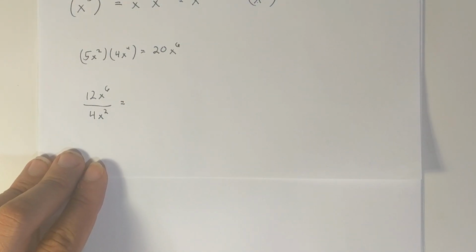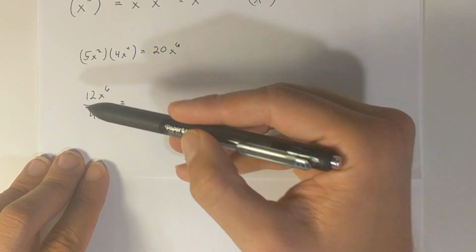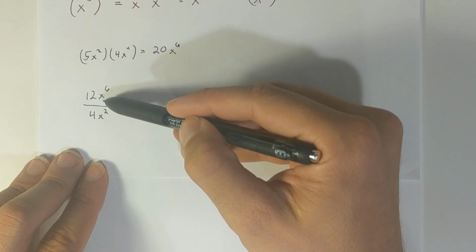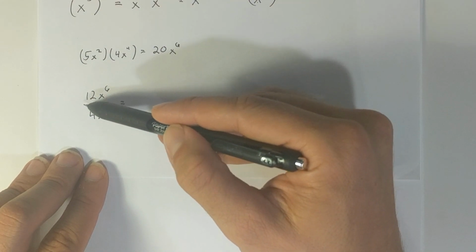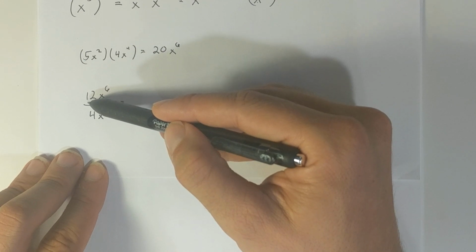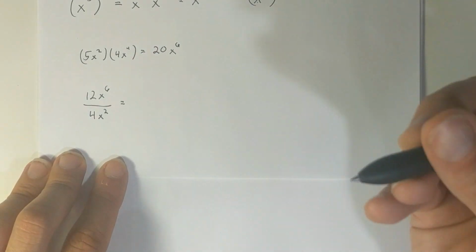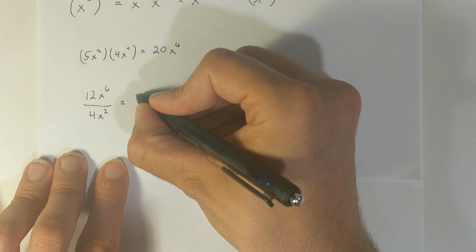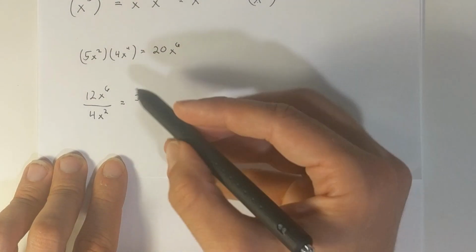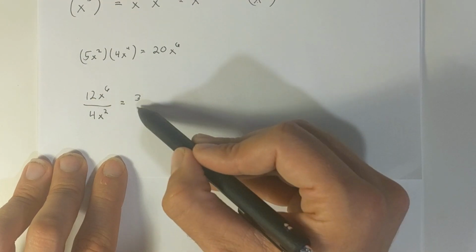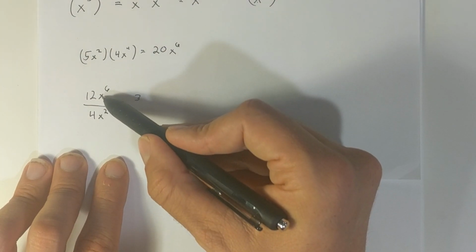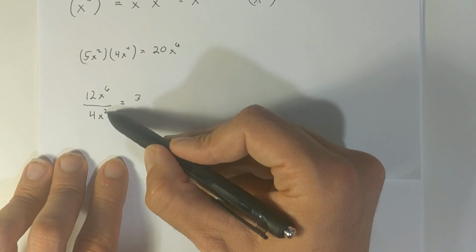Well, now that they're being divided, we treat the coefficient, the number in front of the variable, just like regular numbers. 12 divided by 4 is easily 3, and since the 12 is on top, the 3 is on top. Now I have x to the 6th divided by x to the 2nd.